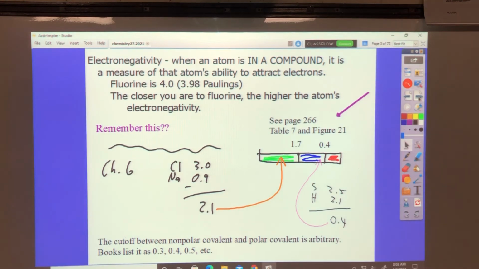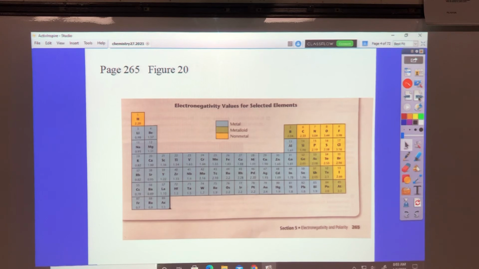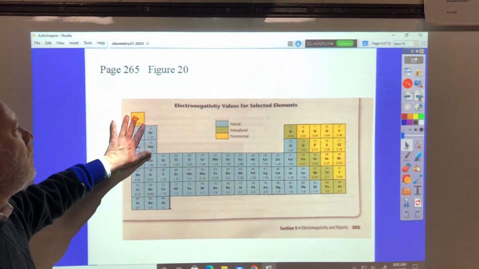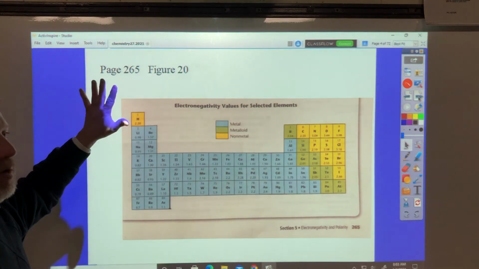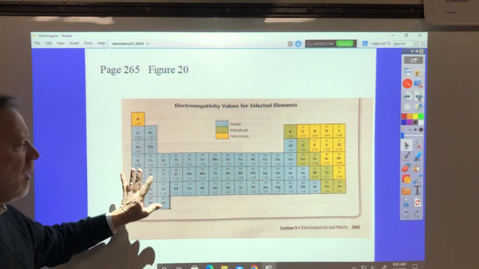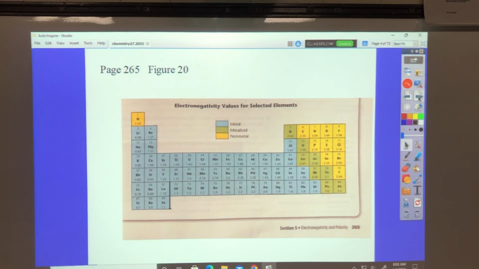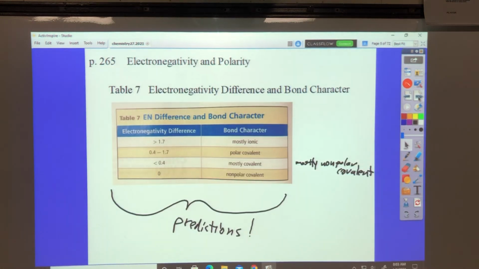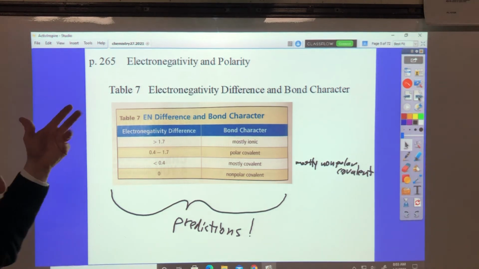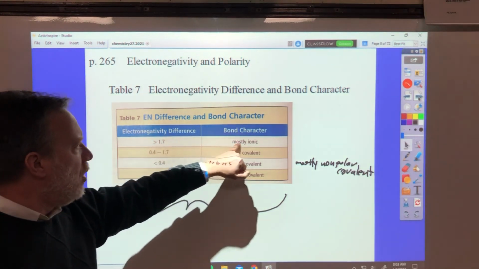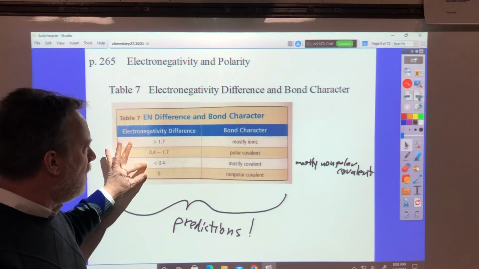We've already talked about this, but I'm going to apply it to the examples today. Where you're going to find it and refer to it in this chapter is page 265, figure 20, at the end of this chapter. When you subtract the electronegativities, you get ionic if it's over 1.7.